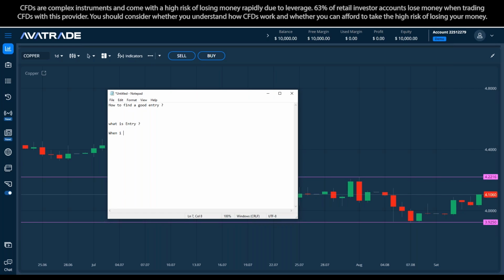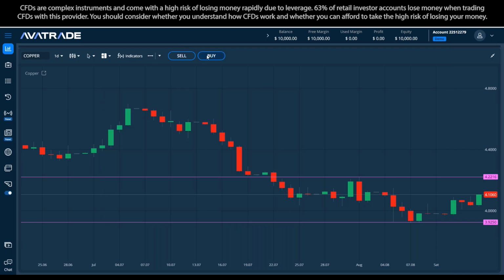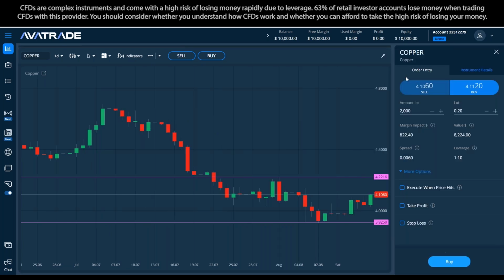When I open a position, I aim for a certain value, right? That means right now I'm looking at copper sitting at 4.1, and I've placed a line at 4.2, 2216, and one at 3.9250. Now, what exactly does entry mean?